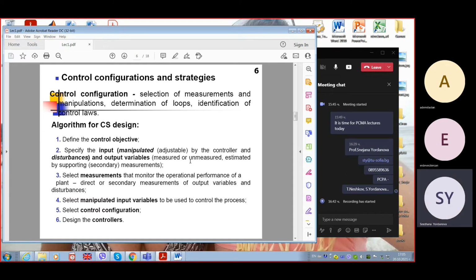So smooth shape, good color, dimensions of the tiles used to cover different surfaces. So then we select measurements. We have to know whether we directly will measure or we'll need secondary measurements. Can we measure disturbances? And which is the device to use for measurement. So this is the transducer.